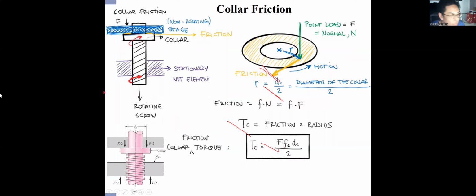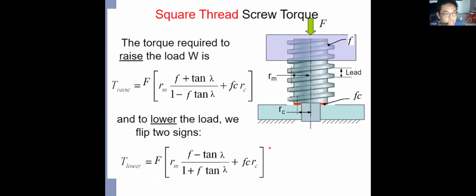Okay. Oh, sorry, I forgot one thing. So let's go back to here. If we figure out this TC, the friction collar torque, we can combine this TC with this TR and TL. What we already wrote out previously, right? So this TR, we can integrate it with the FC and RC.